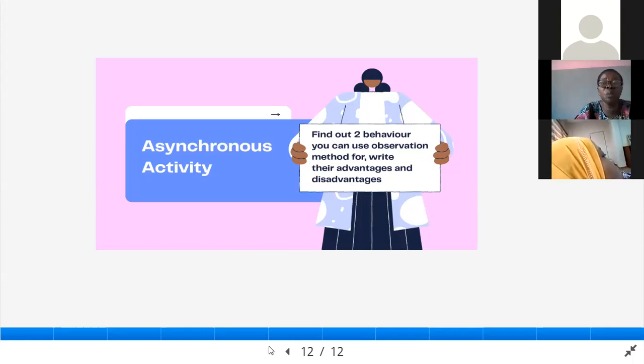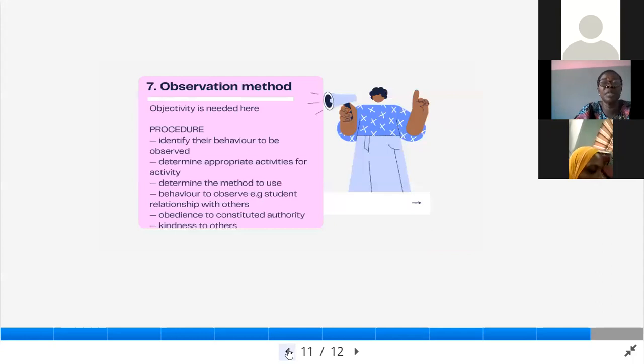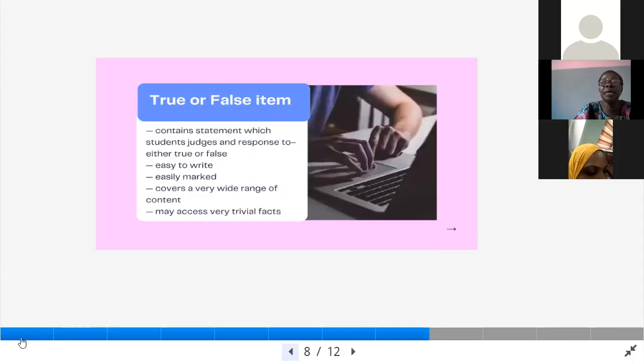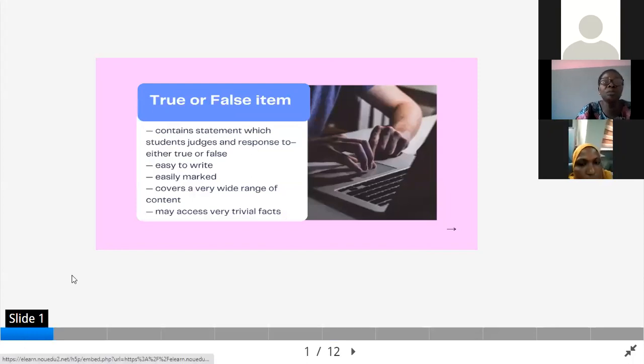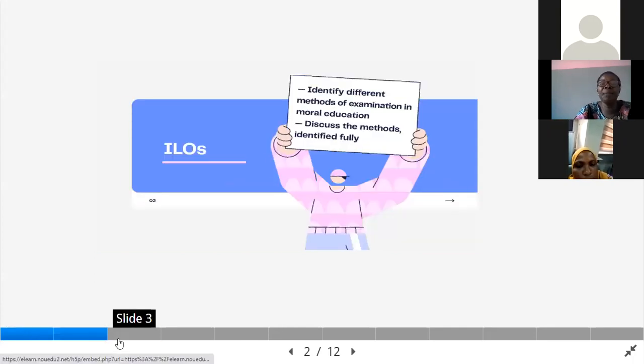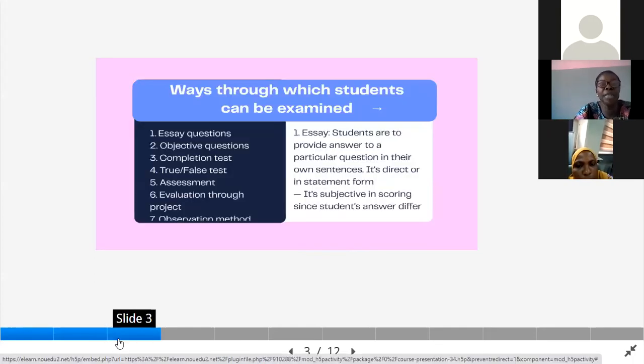Remember that the first one was the essay type of question, and you saw what it is all about. And remember our main objective, the essay type of questions, you know the advantages. I would want you to also go home and read some of these things, practice them. Look at your model, look at all the units.